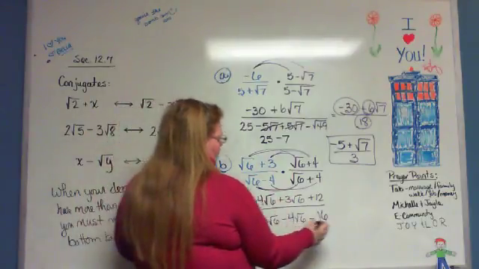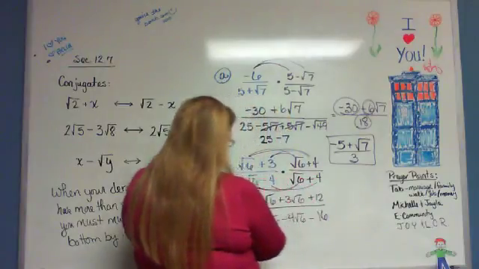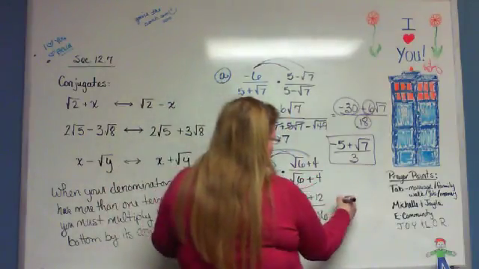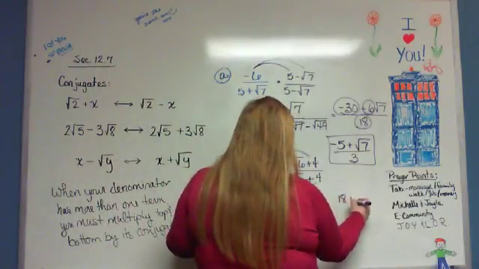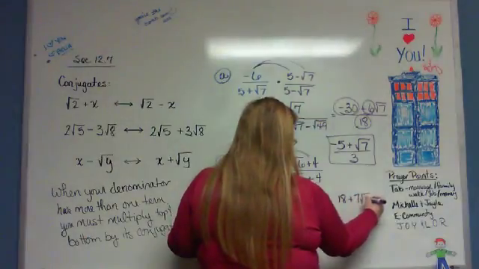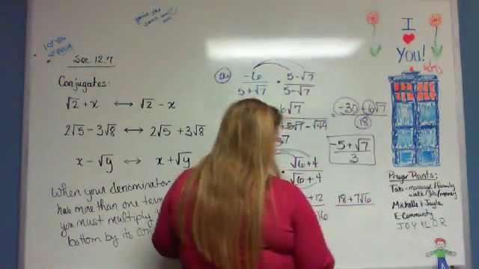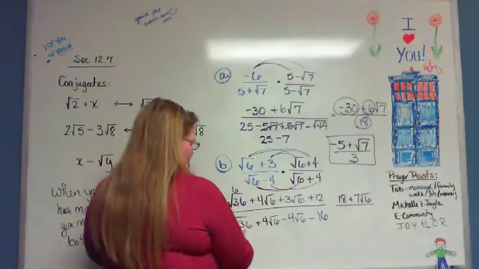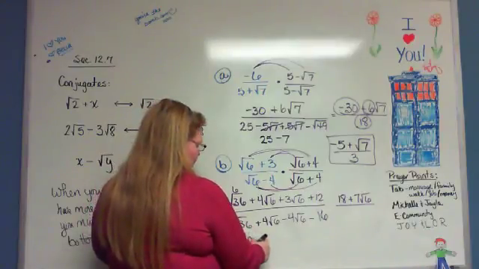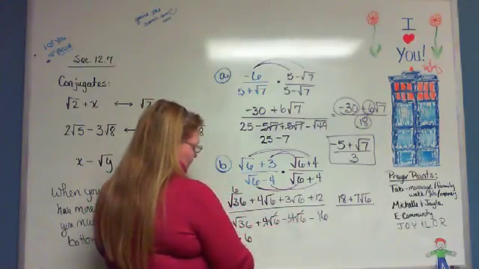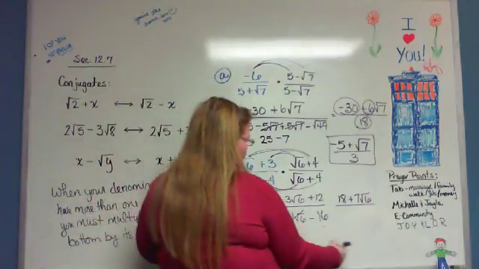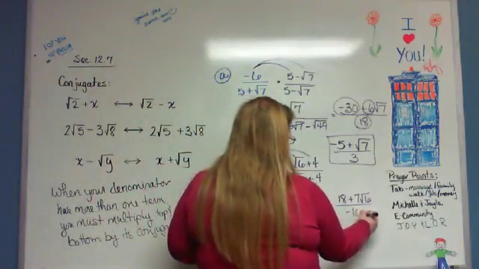Here, I'm going to have 7 square roots of 6. And 6 plus 12 gives me 18, plus 7 square roots of 6, over. Here, I'm going to have a 6. Those are going to cancel out, and 6 and a negative 16 give me a negative 10.